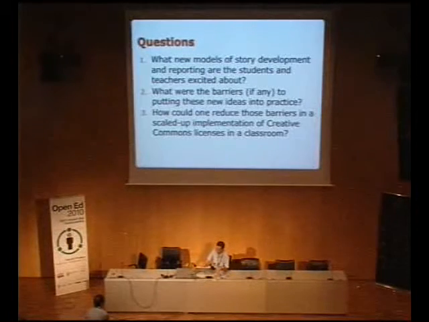So next, question number 2: we went in asking what the barriers were. What were we going to find? There are always challenges and barriers, so we wanted to identify those barriers. And really the idea here with Student Journalism 2.0 was to chart a course for others who might be interested in similar kinds of projects at this level.